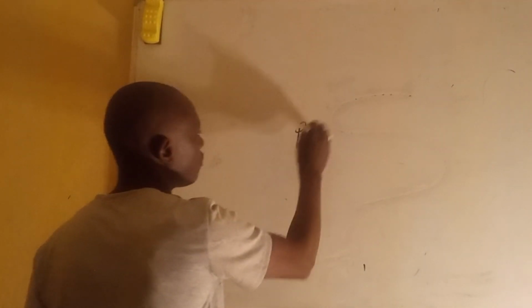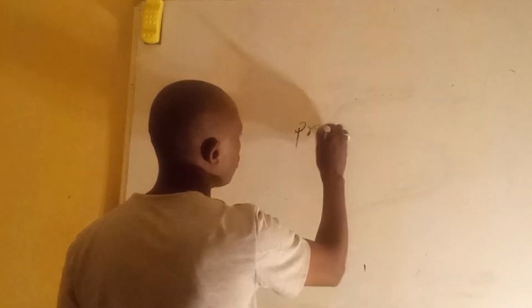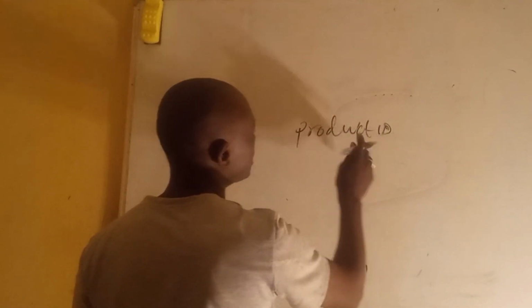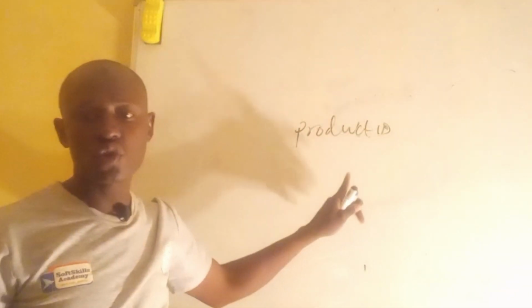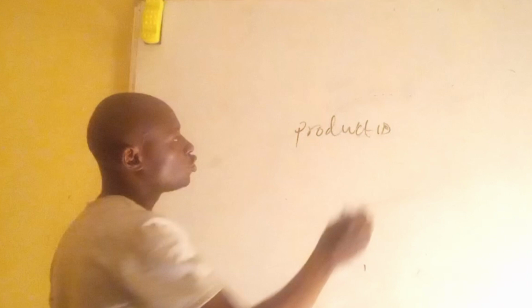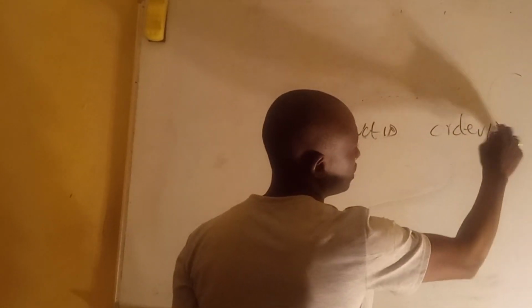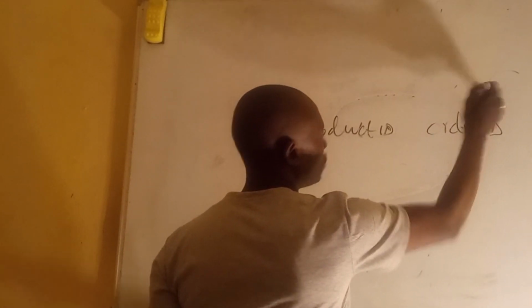So they mean in essence here, if you have a table, for instance, you have what we call product ID, which is in a product table, and you also have order ID, which is in an order table.